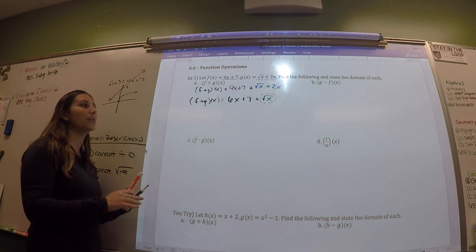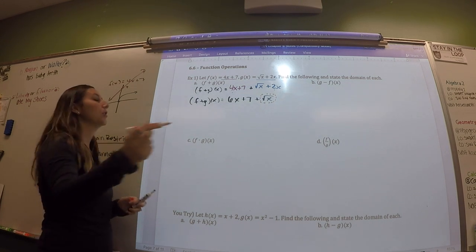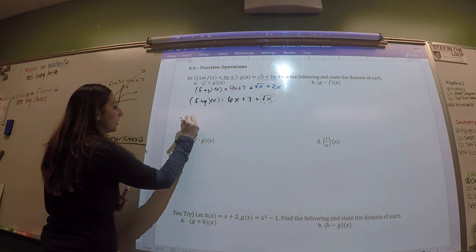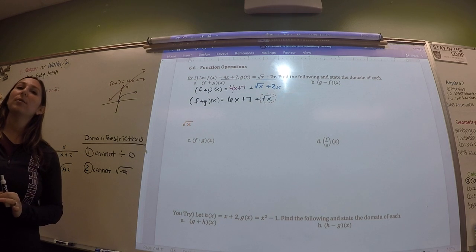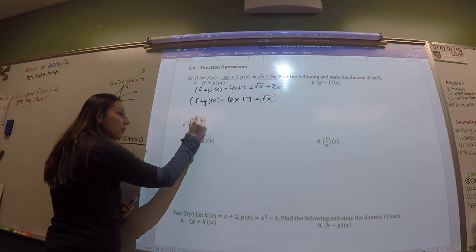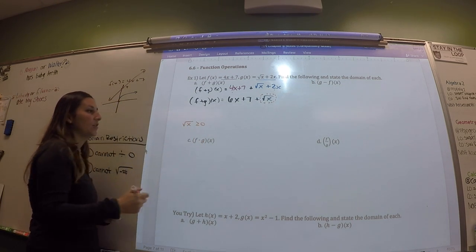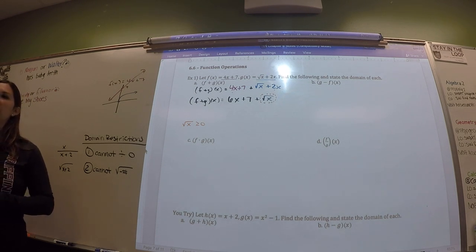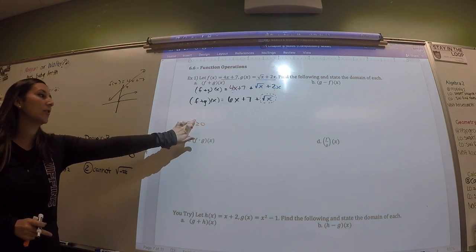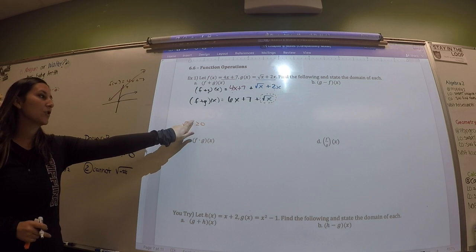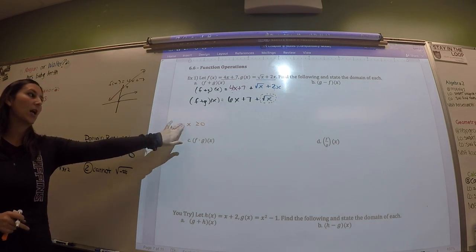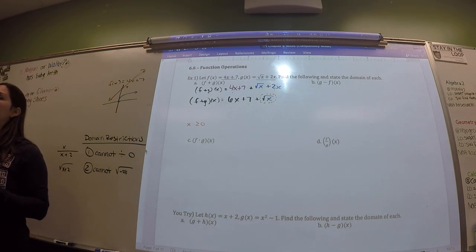So what you're going to do is, if you have an x in a square root, you're going to take that aside, and you're going to make it greater than or equal to 0. You don't really need the square root in there, you can take that part out. So you're setting what's under the square root greater than or equal to 0.